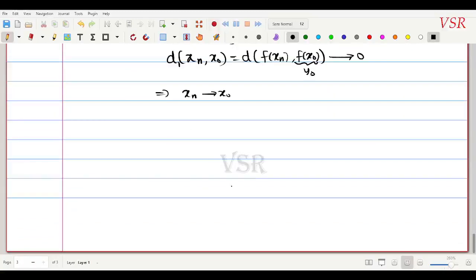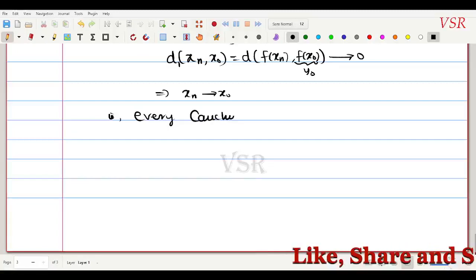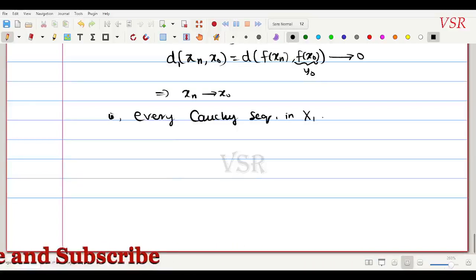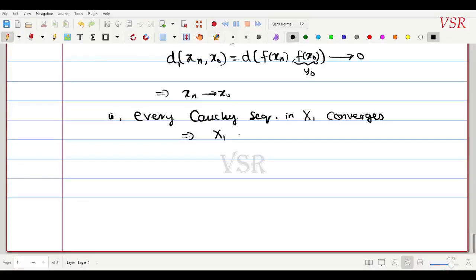That is, every Cauchy sequence in X1 converges. So this implies that X1 is complete. ஓகேங்களா? இதான் முக்கியமான விஷயம். So completeness will retain in isometry.